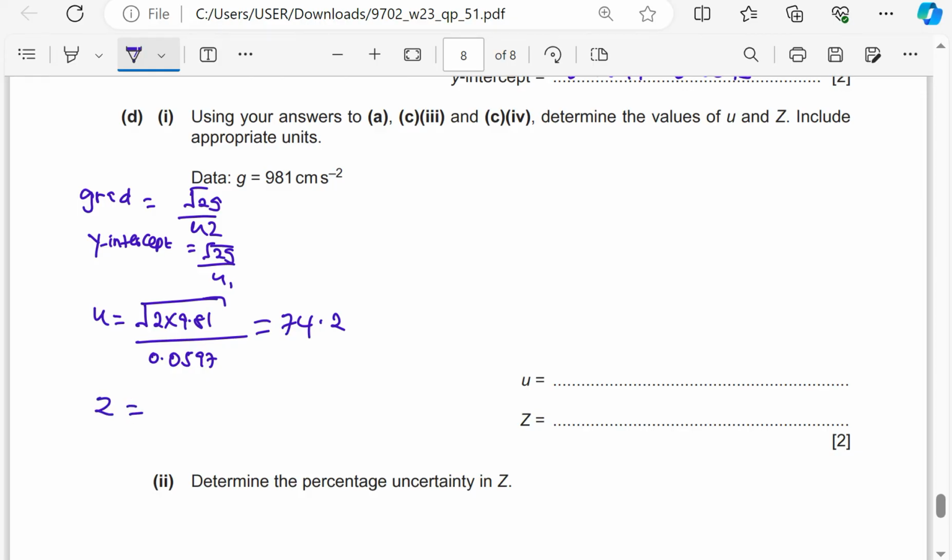Then z, so I'll make z the subject. So z is going to be equal to the square root of 2g divided by u times the gradient. Which is going to be the square root of 2 times 9.81 divided by u, which is 74.2, times the gradient.